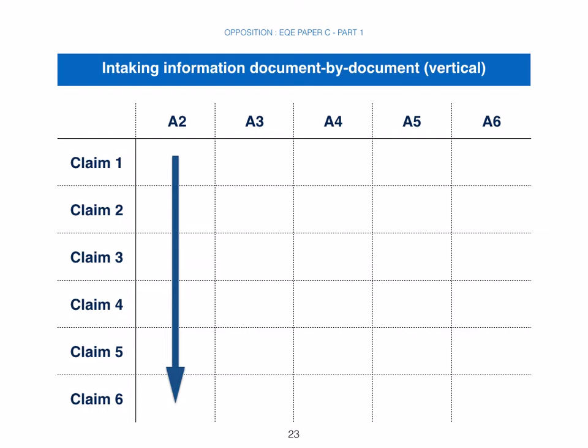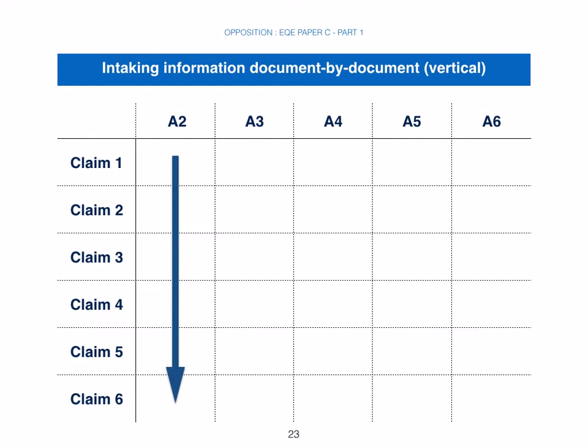Starting with document A2, we'll enter whether or not the various claim features are present, and we'll give details of that later, and we'll do it in detail for each document and each feature. When we've done with A2, we go to A3 and we do the same thing.